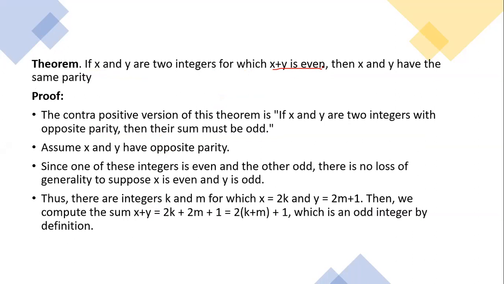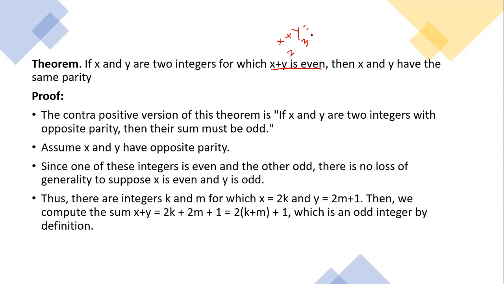here we are doing addition, no issues. In the previous case, we just multiplied. Then x and y have the same parity, right? Is it so? If we have two numbers x and y, when we get an even number in terms of addition, I take x as 2 and y as 3.